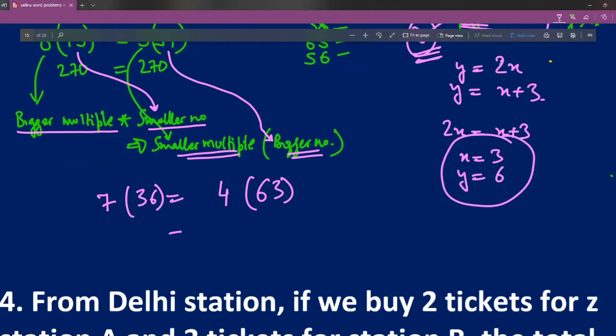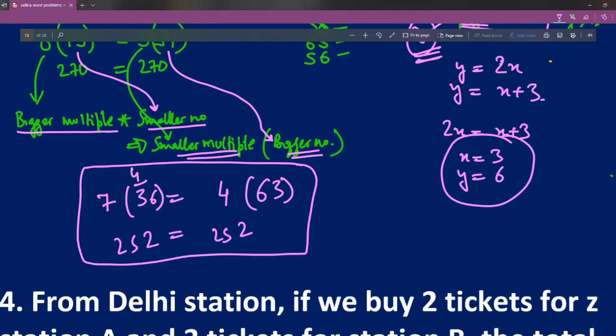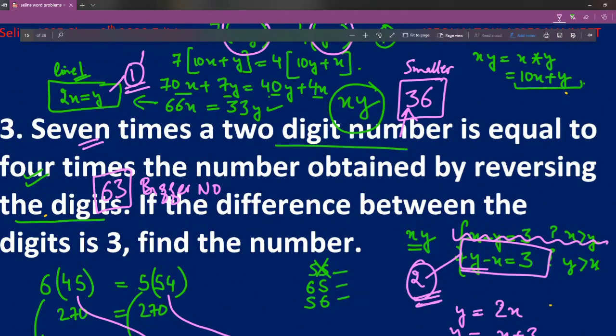If you try to multiply them, 7 6s are 42, 7 3s are 21, 252, and 4 3s are 12, 6 4s are 24, 252. I hope you get the logic. You can see this question and this solution again, so that you understand the logic.